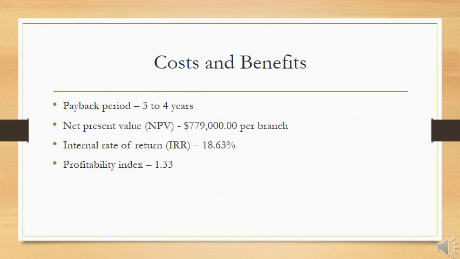I'll check with our accounting guys what the faster method is later, but the internal rate of return comes out at 18.63%. So we almost have to double our cost of money before this is a non-profitable idea. Our profitability index, the ratio to payoff for investment, is 1.33.